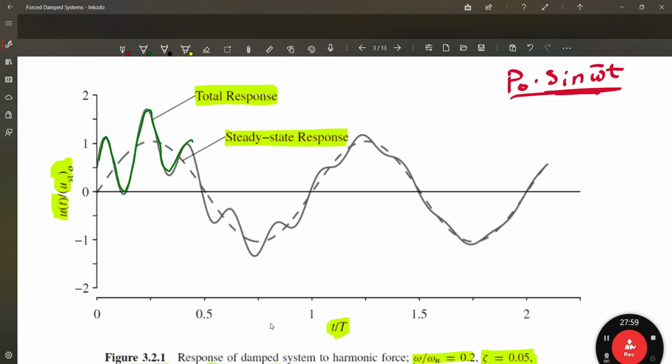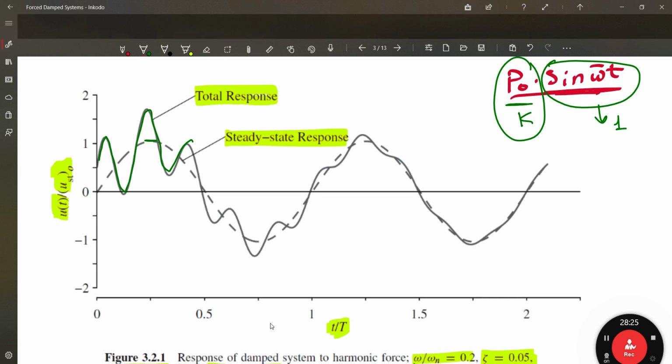And whenever sine omega bar t is 1, and we divide P node over K, this would be our maximum static response, right? P node over K gives us the maximum static response, which is here.